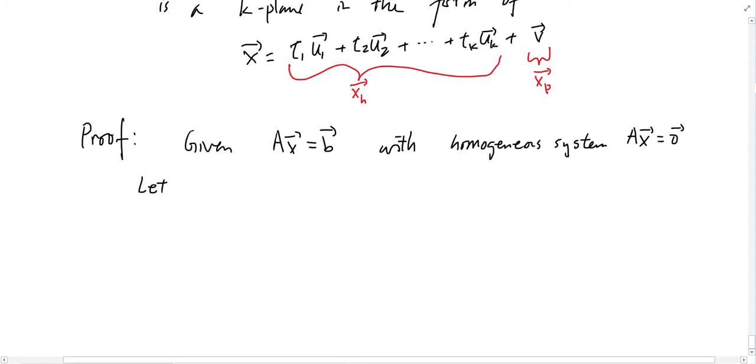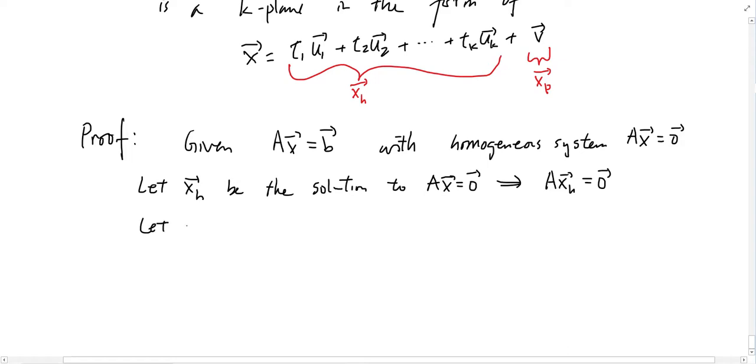We're going to let vector x sub h be the solutions to A vector x equal to 0. Therefore, if I multiply A by x sub h, I will get the 0 vector.